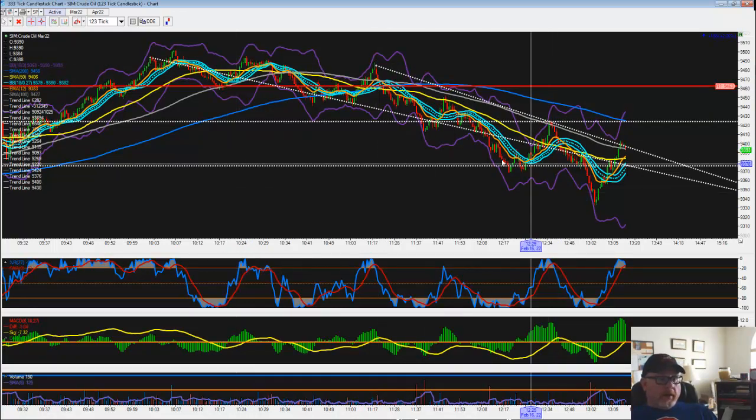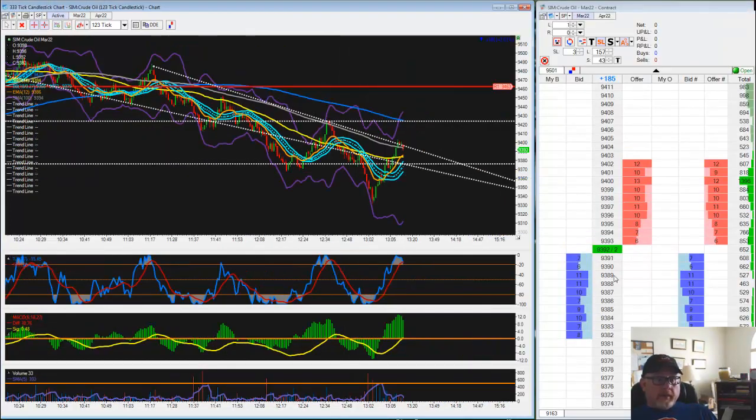Kind of closer to where the market is. That's actually a good point to sell right here, right where we're at.